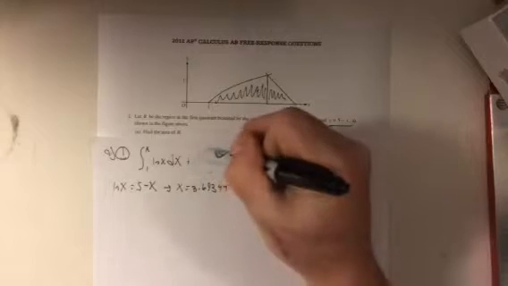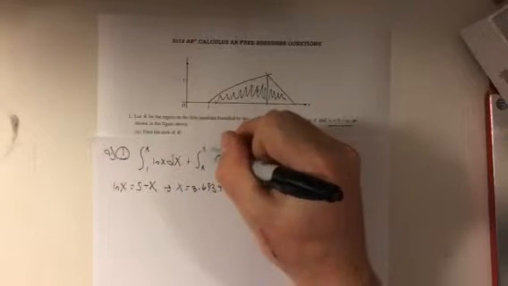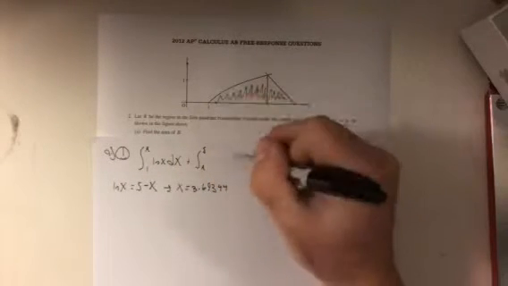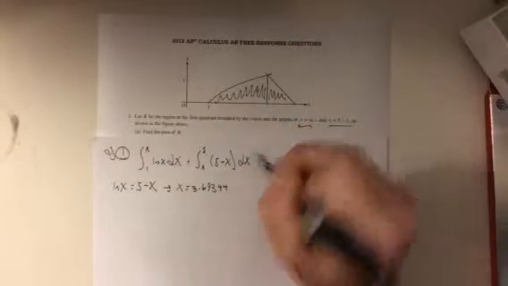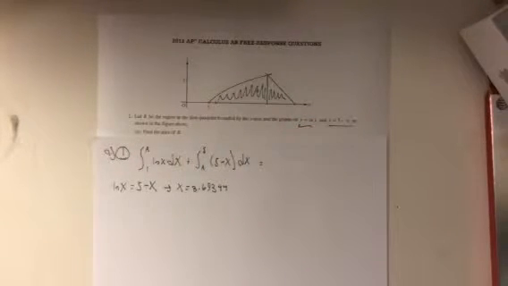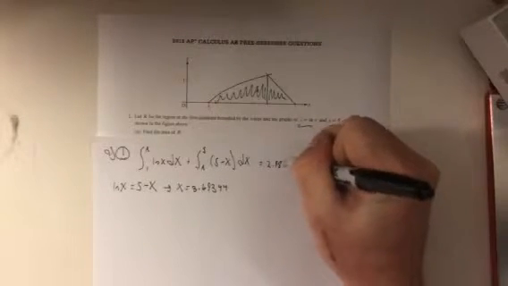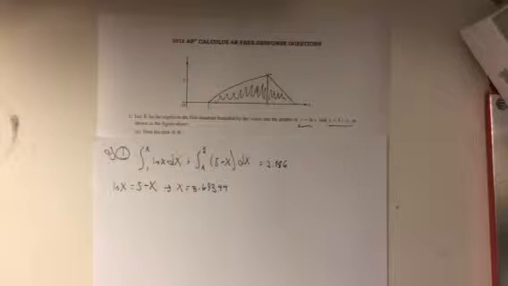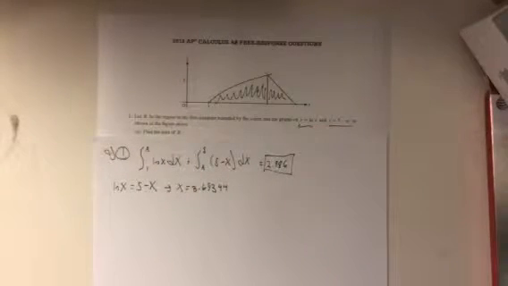So we're gonna add to it the integral from A to 5 of 5 minus x dx. Ends up equaling 2.986 about. And so there you have it. That's the first way we can attack this problem.